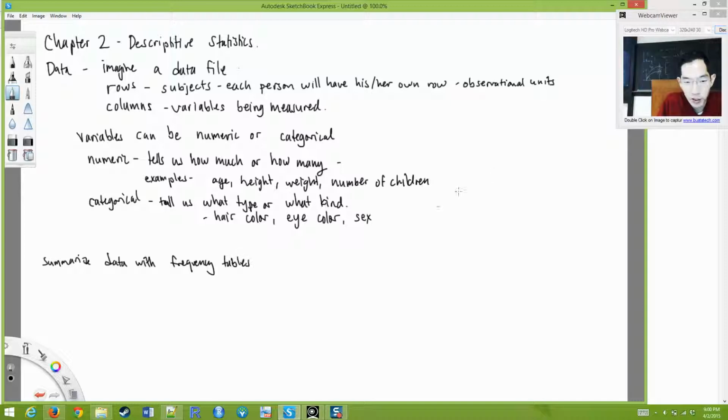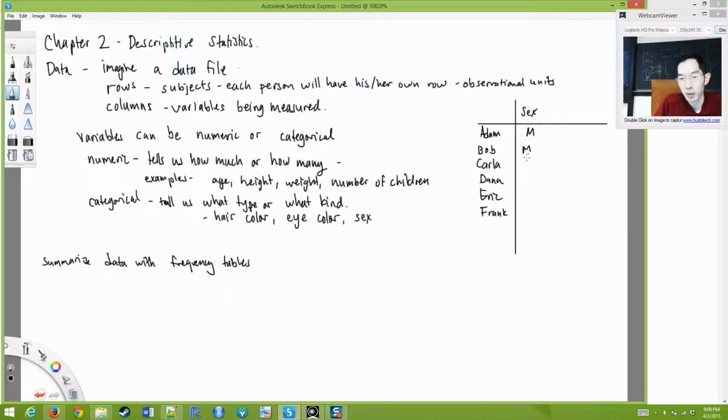Okay, so let's just imagine, here's a very simple table. Let's say we've got a bunch of people: Adam, Bob, Carla, Dana, Eric, Frank. And then we ask male or female, and so we got male, male, female, female, male, male.